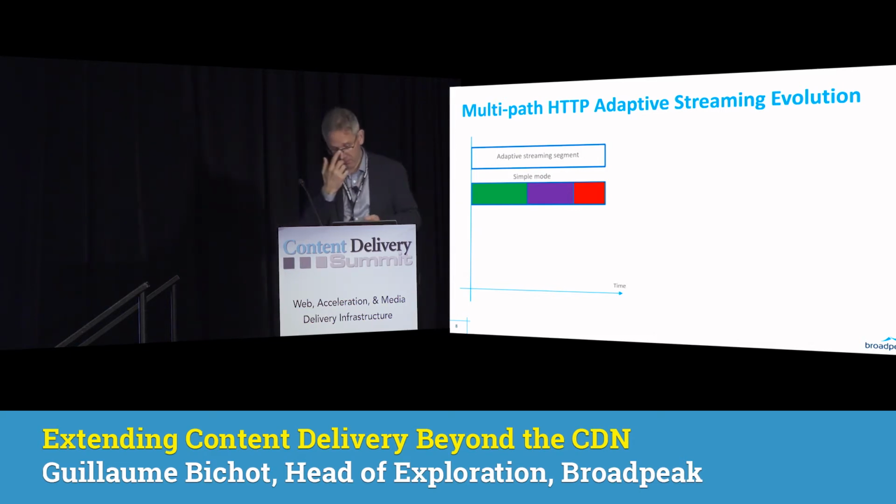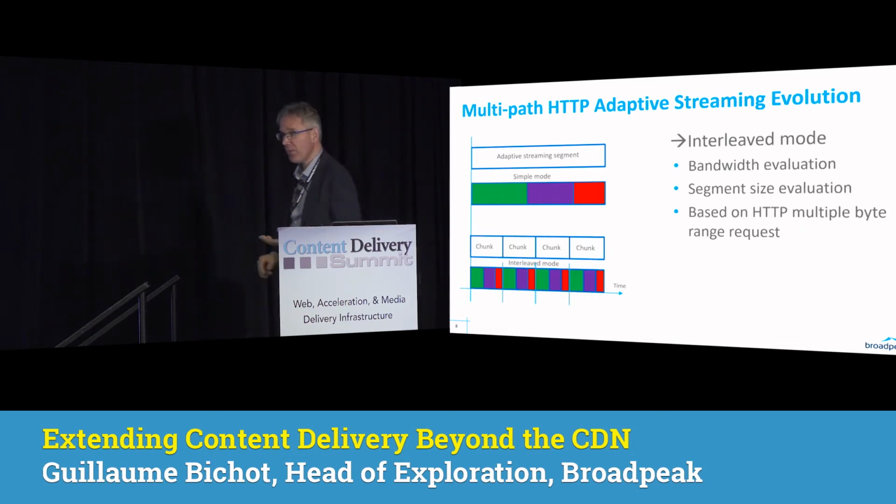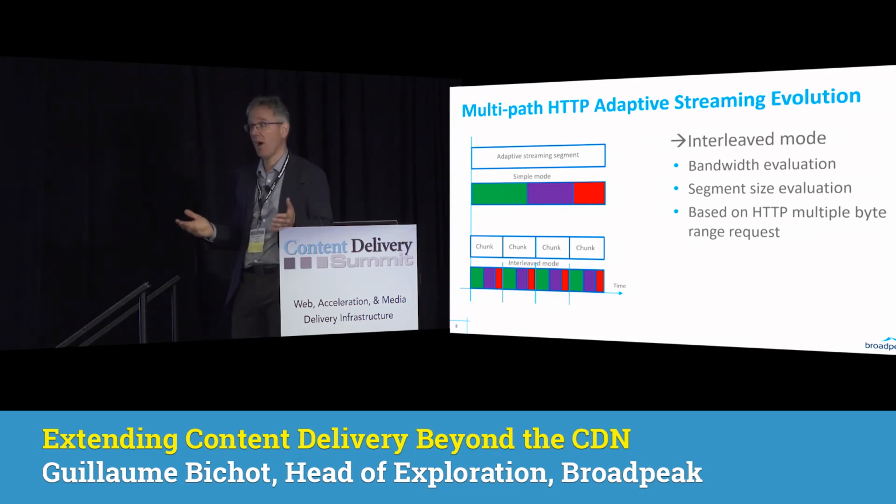So then we developed what we call an Intelif Mod. The Intelif Mod is used to compensate for the bandwidth evaluation problem I just described. It is also used to evaluate the segment size because in the manifest, we have an idea of the duration of the segment, but we don't have any notion of how many bytes are in this segment.